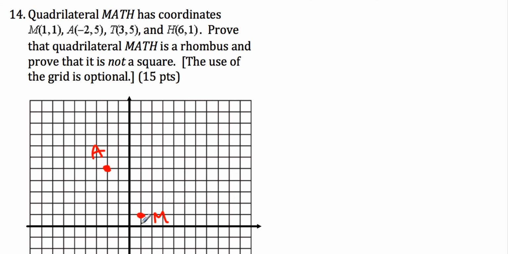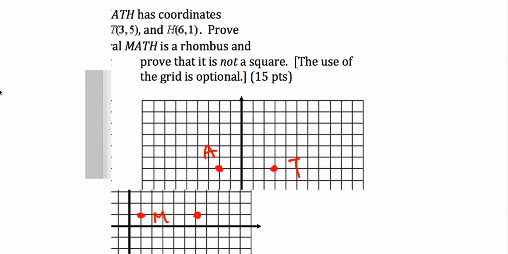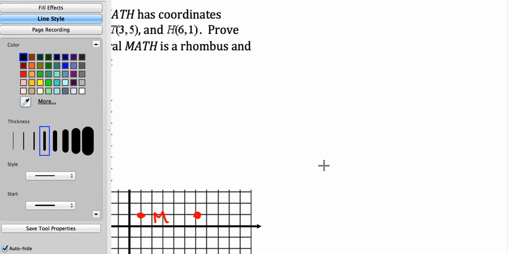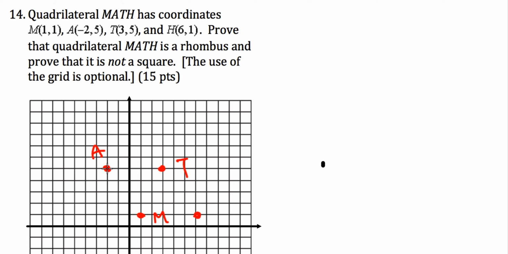T is 3, 5. H is 6, 1. So if I draw the line segments, all right, we have drawn the rhombus.